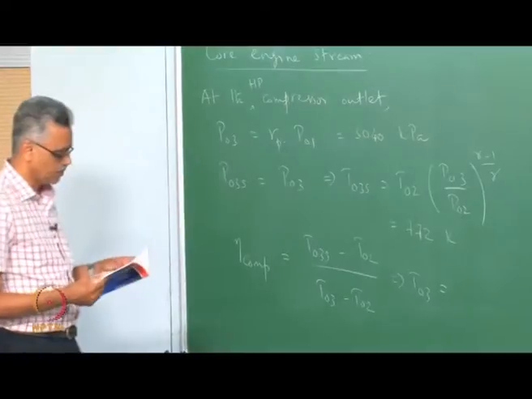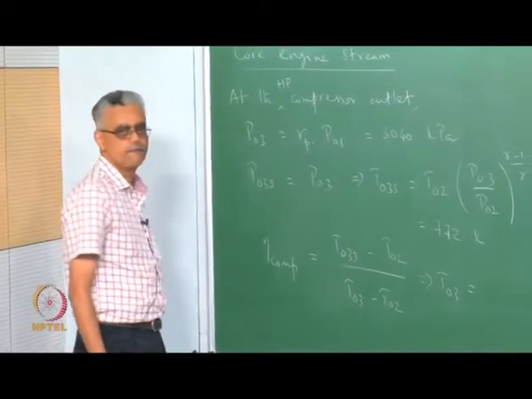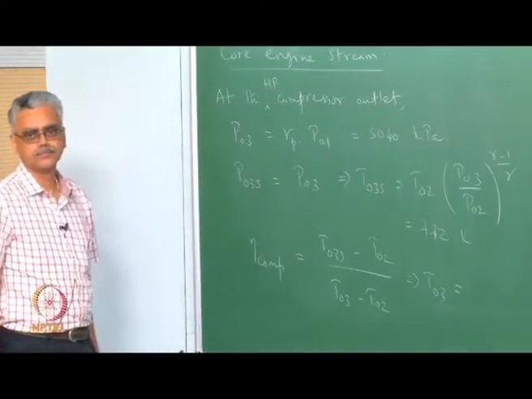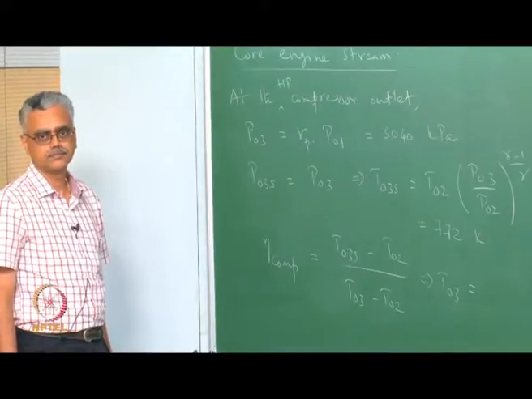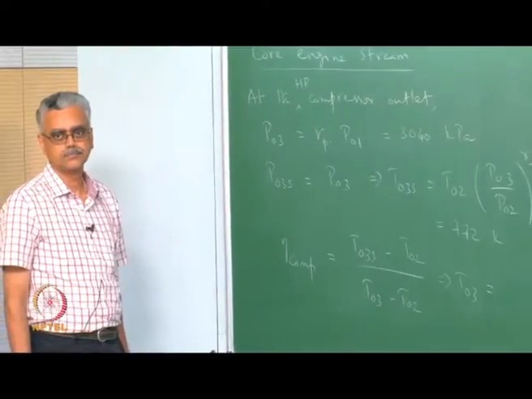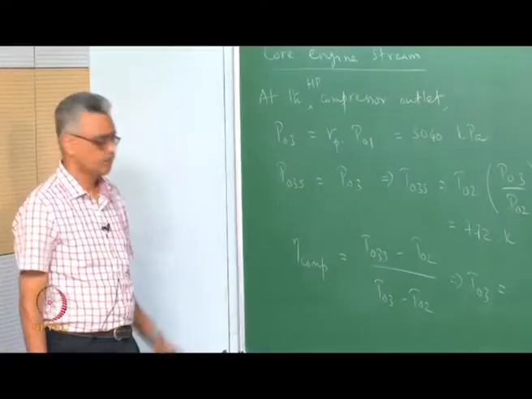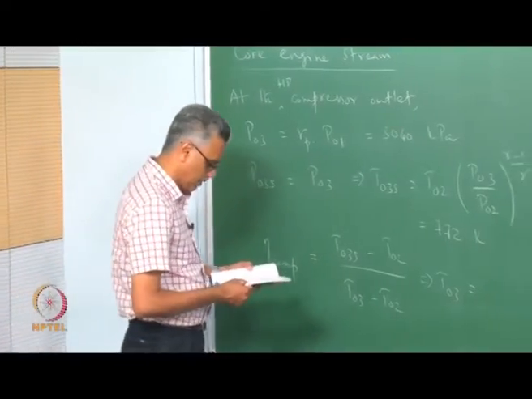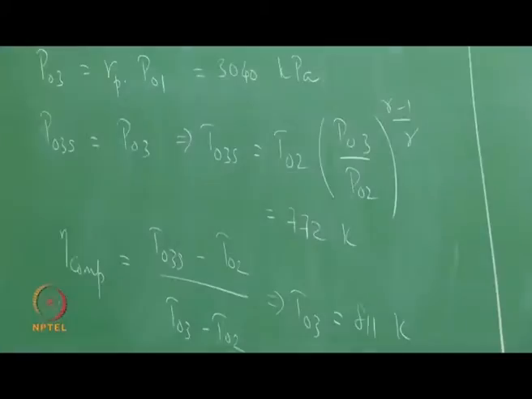The efficiency of the compressor is given to be 0.92. Yes, I have about 811 Kelvin, okay, that is close enough. Okay, good.